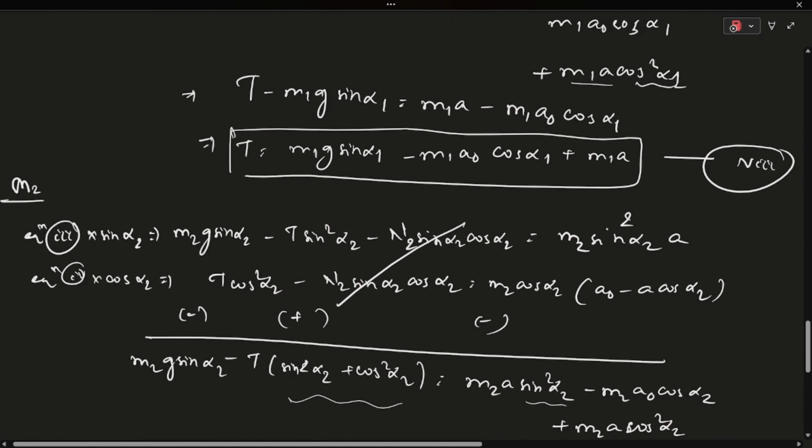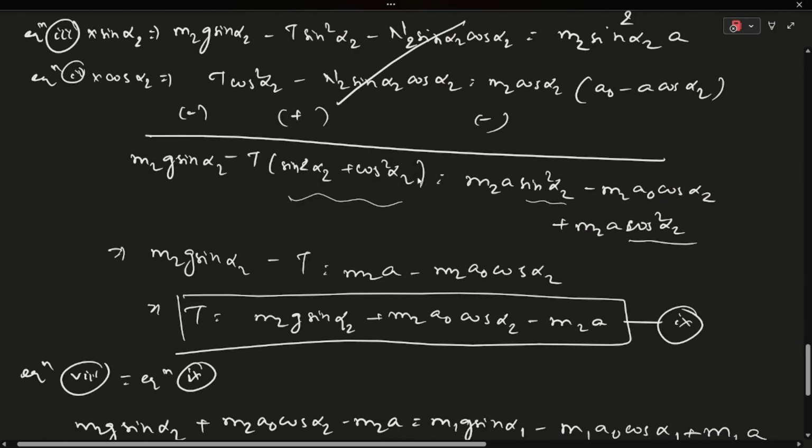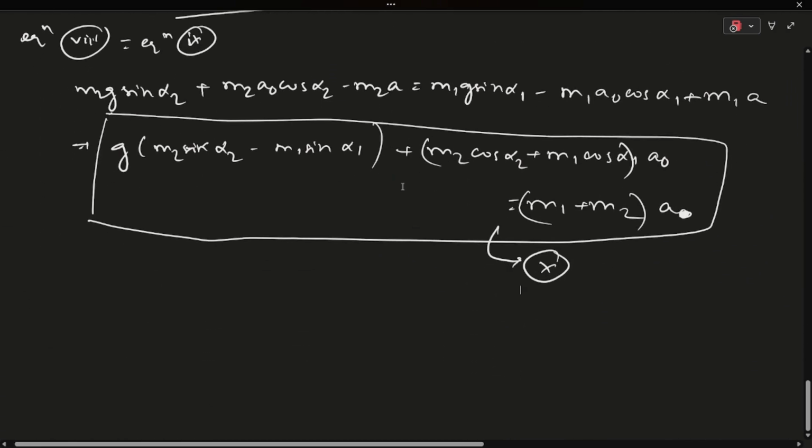Now we have in equation 7 a in terms of a naught. So let's put in this equation.